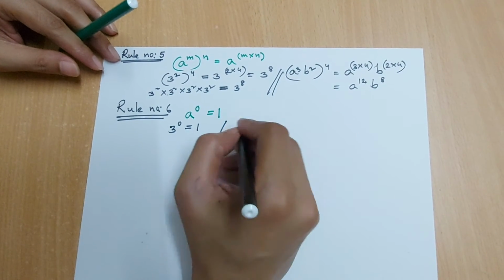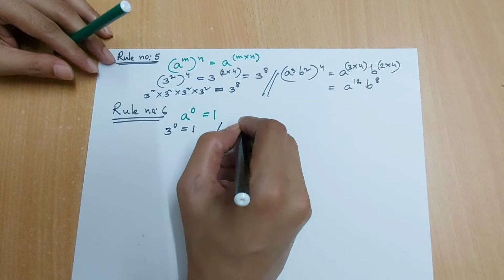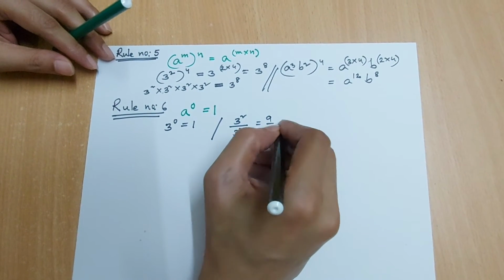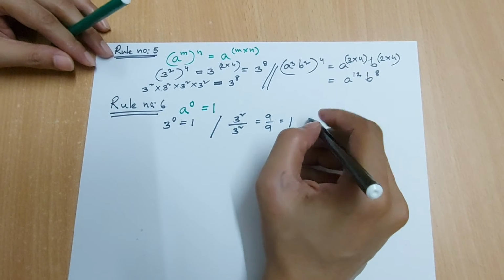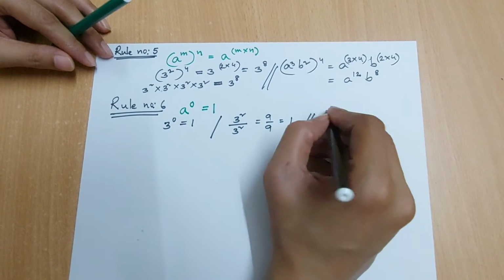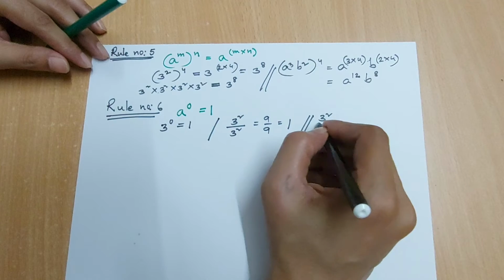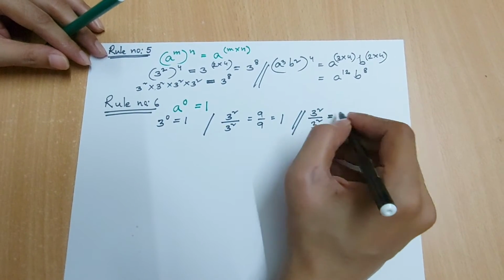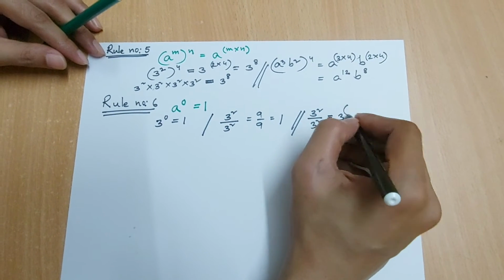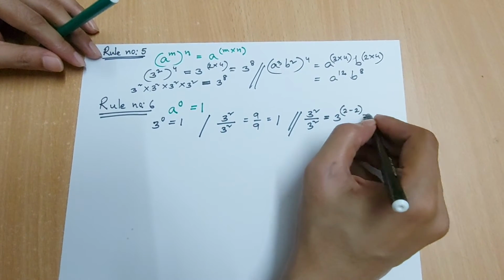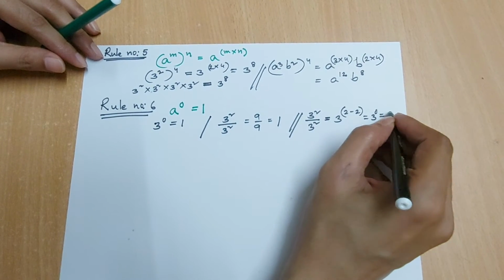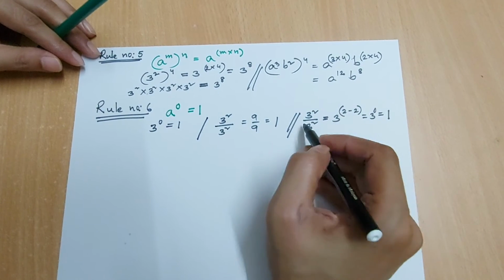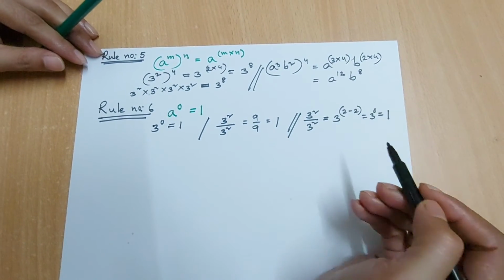Here, if we take 3 square over 3 square, equal to 9 by 9 equal to 1. Or we can write it in this way also: 3 square over 3 square, if we use rule number 2, equal to 3 power 2 minus 2 equal to 3 power 0 equal to 1. 3 square by 3 square equal to 1, and in this way 3 power 0 equal to 1.